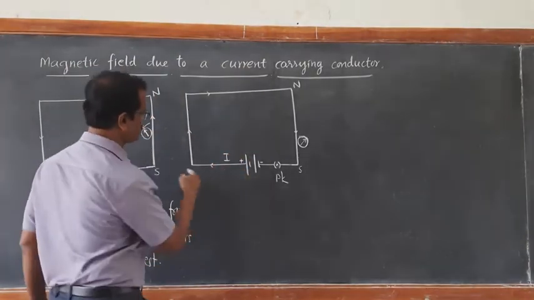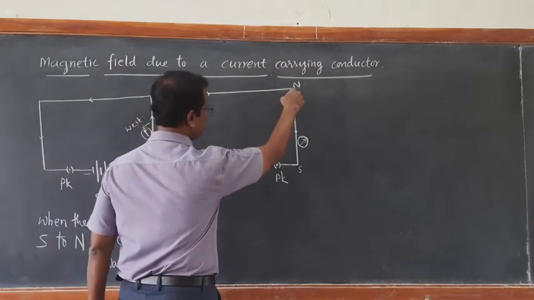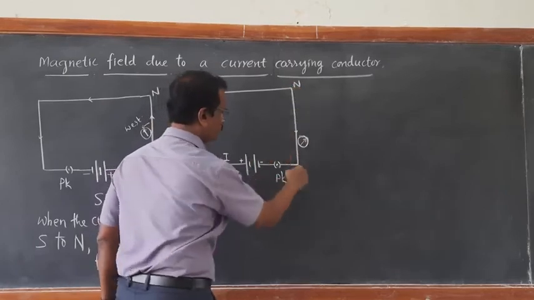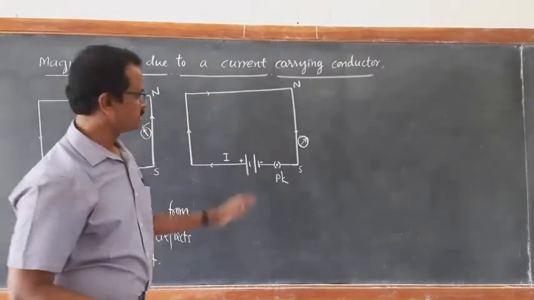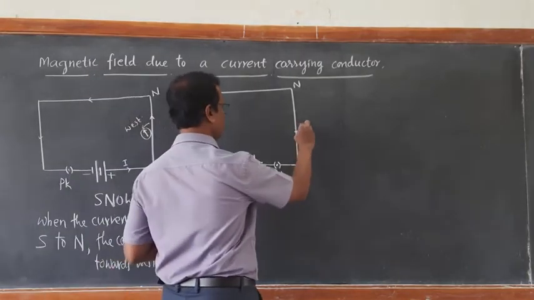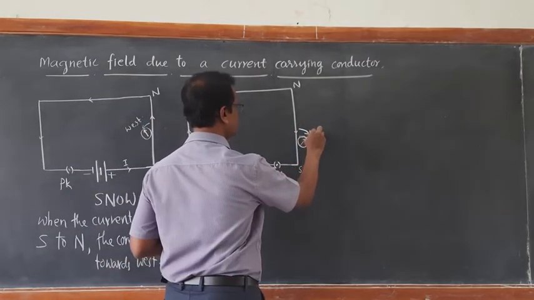When the current flows in the opposite direction, look at this. The current through the thick copper wire is now from north to south. Very interestingly, the deflection of the compass needle is towards east.